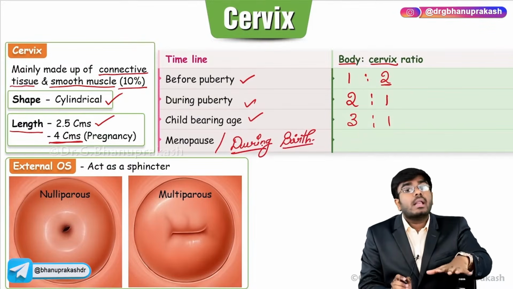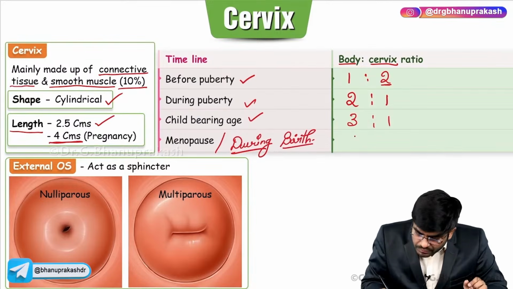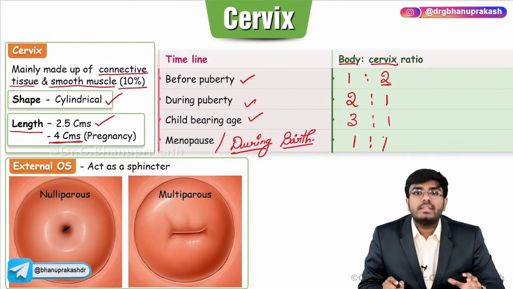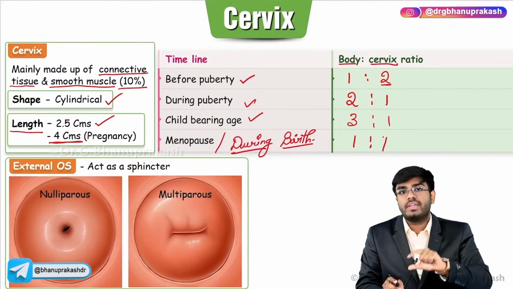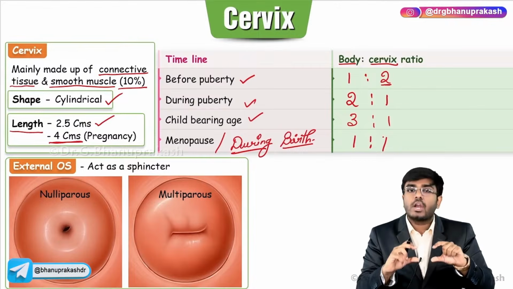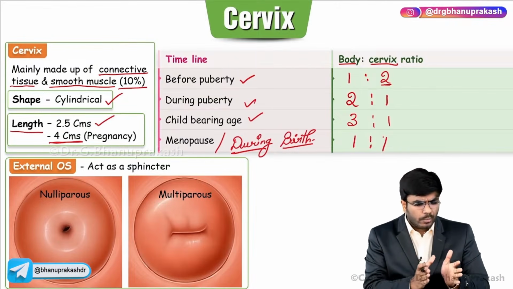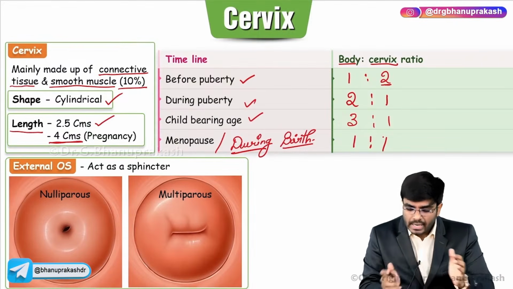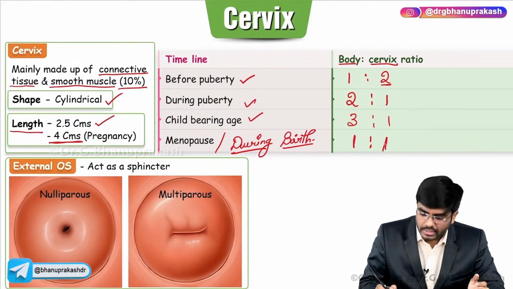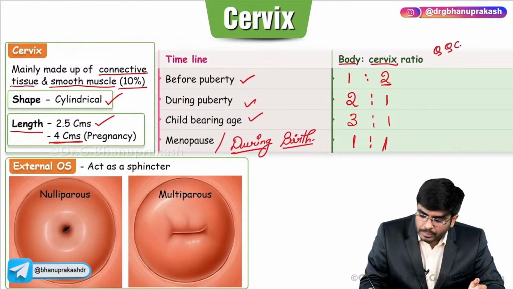During menopause, or in a newborn child, it will be 1:1. The uterine body to cervical length is 1:1, which means they are of the same length. During menopause, everything is atrophied. The cervix and uterine body are atrophied and become 1:1. So you can expect an MCQ from here.